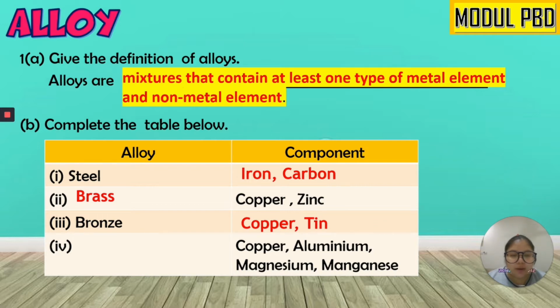And the last one, copper, aluminium, magnesium and also manganese, should be duralumin. So you must make sure you know the alloy and the components that are mixed.